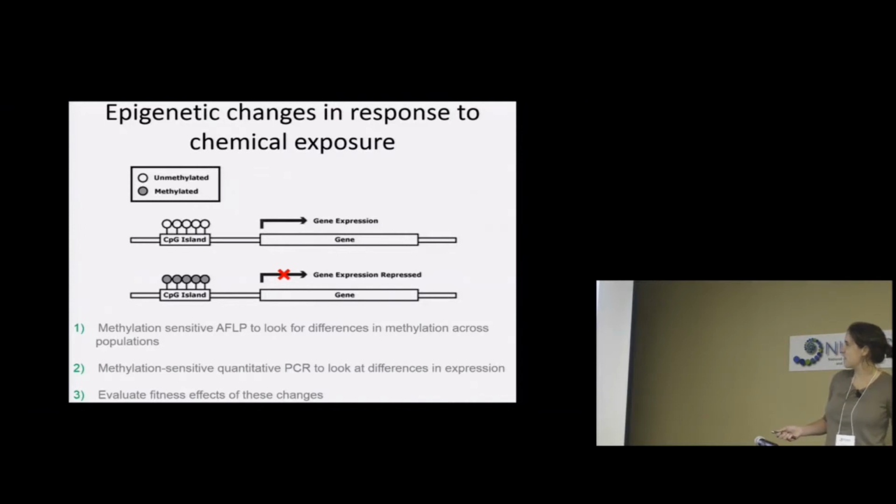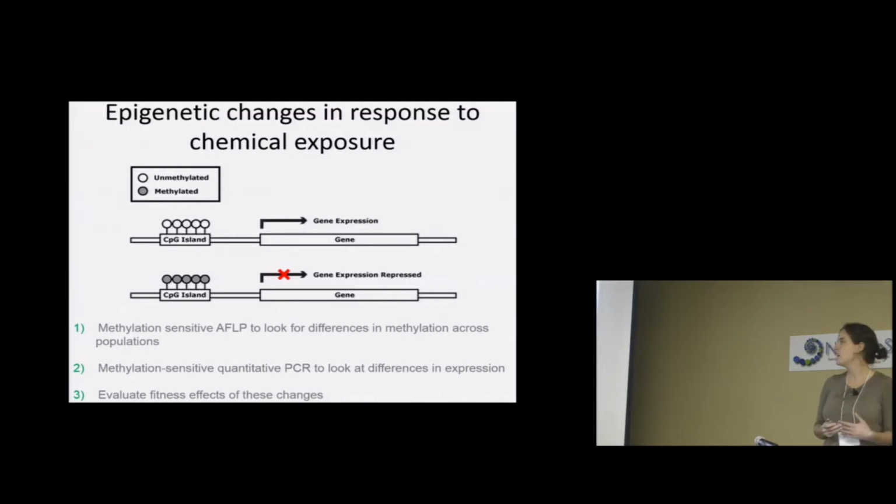So what we see, as a schematic, very simplified, is these upstream CpG islands where our methyl groups can attach. And if you have methylation occurring, that can, in many cases, suppress gene expression. So these changes can cause rapid responses to environmental changes, such as Jess had discussed, and they can be heritable.